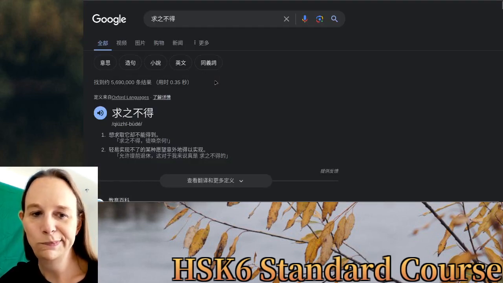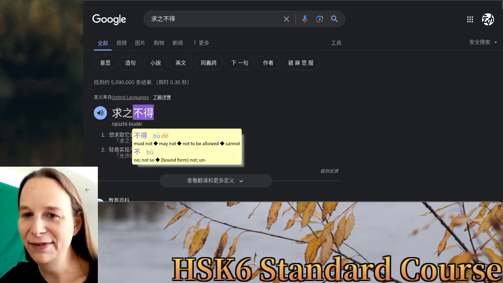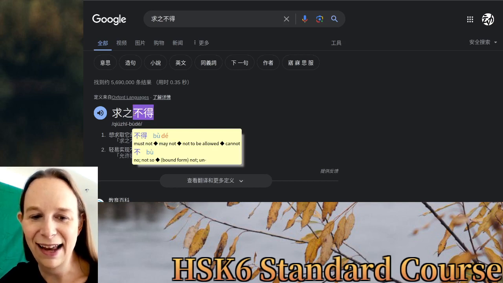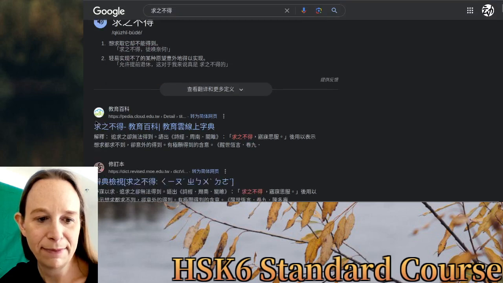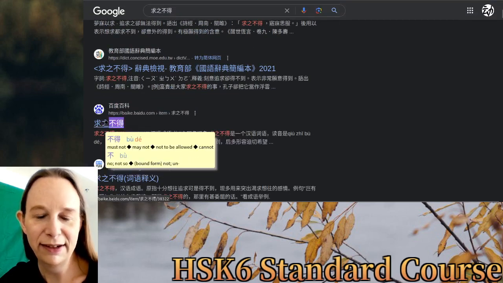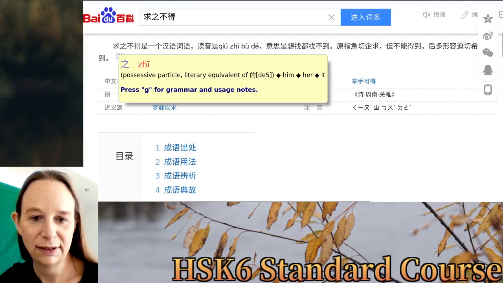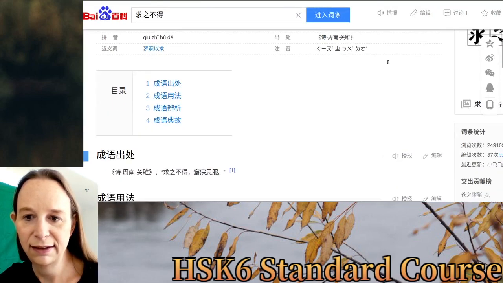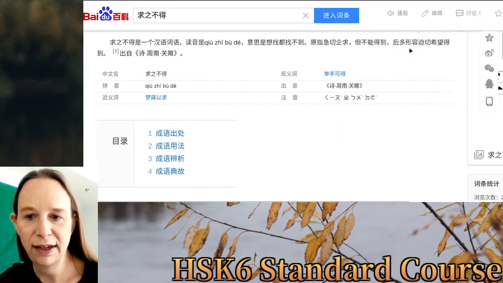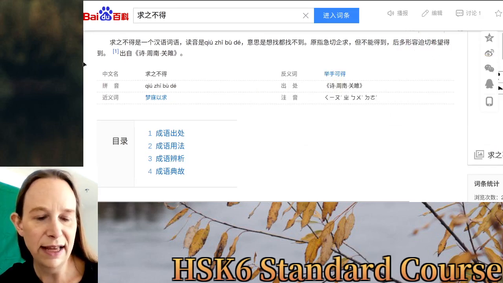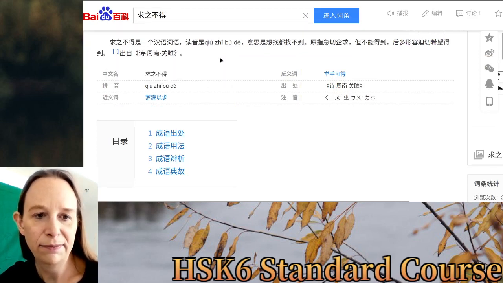So maybe it's like 难得, but instead of 难, it's unacquirable or cannot. Let's click on that and see what it says. 多形容迫切希望得到。So maybe you strongly desire it because you can't get it.